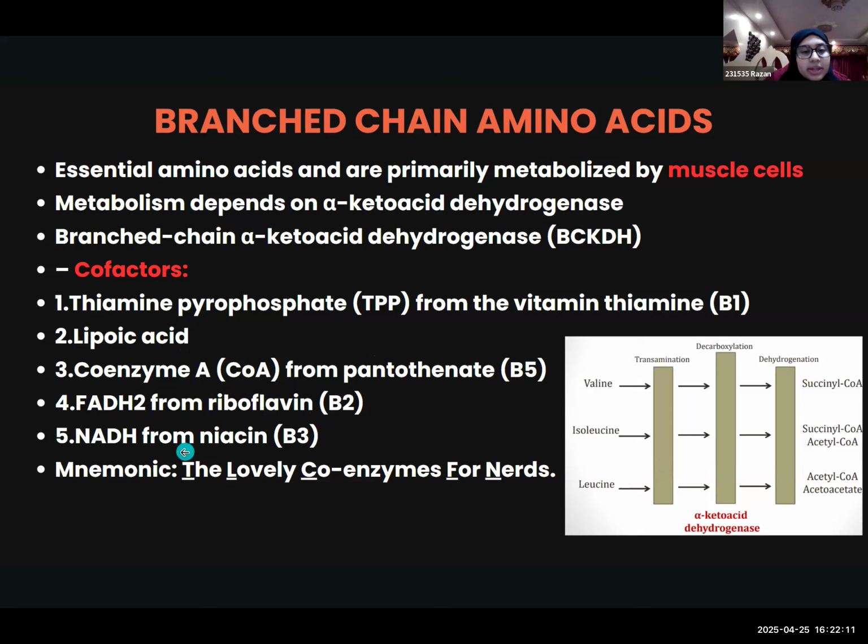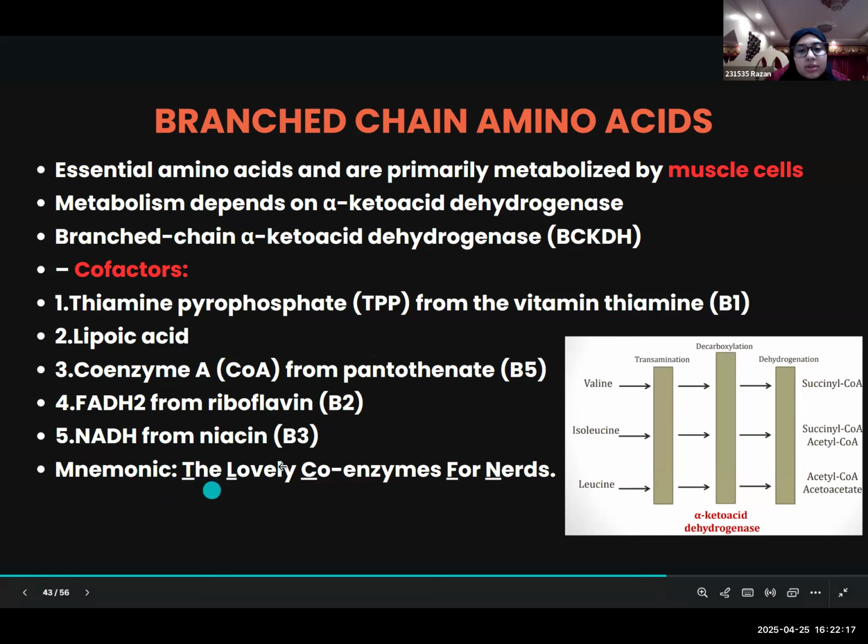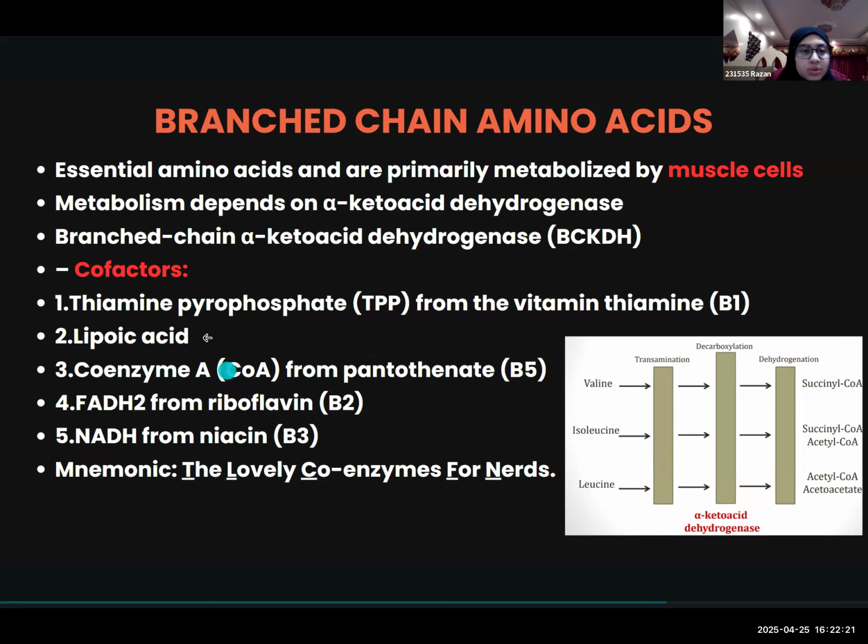FAD, NAD, and there is a mnemonic. I think Dr. Hannah also mentioned it, the lovely coenzymes for nerds. This would help you to remember them, because they asked about that previously: which of the following cofactors is needed for the branched chain alpha keto acid dehydrogenase enzyme.